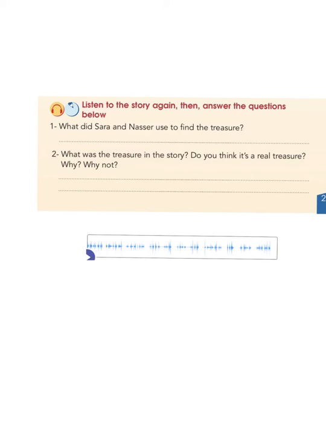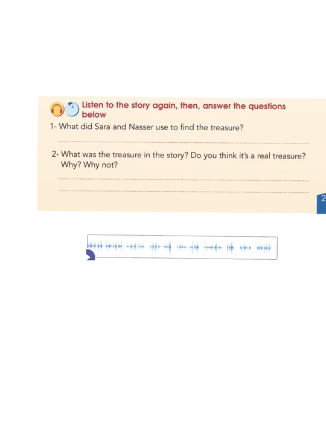Now, after listening to the audio, can we answer the questions? Question number 1. What did Sarah and Nasser use to find the treasure? They used a compass. Excellent. They used a compass.